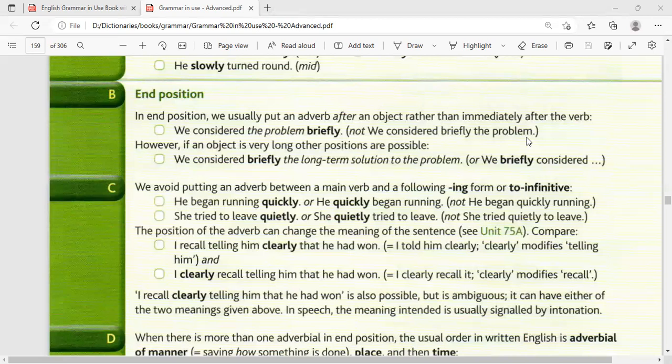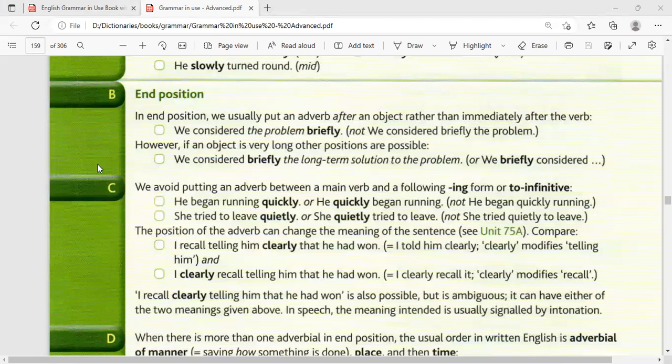Yeah, because the object is very long. Could you tell me where is the object here, Hannah? It's the long-term solution to the problem. Yeah, so it's too long. So in this case, it's better to use the adverb directly after the subject or after the verb.